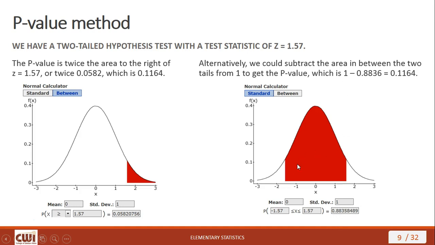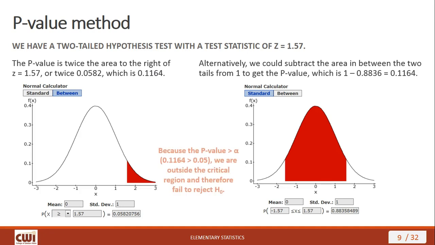We subtract that from 1 to give us the tails, and lo and behold, we get the same number, 0.1164, that we got previously. So whichever way you decide to do it, you're going to come out with the same answer. So we now compare the p-value with our significance level. Because 0.1164, our p-value, is greater than 0.05, which is our alpha, we are outside the critical region, and therefore we fail to reject H0.